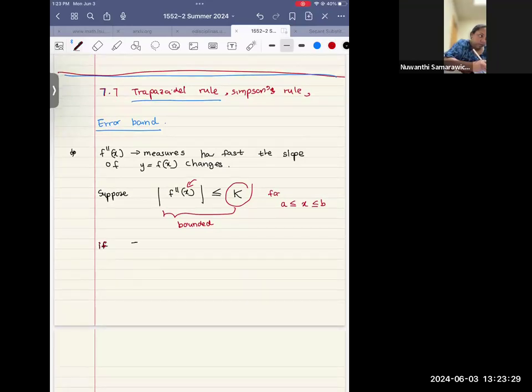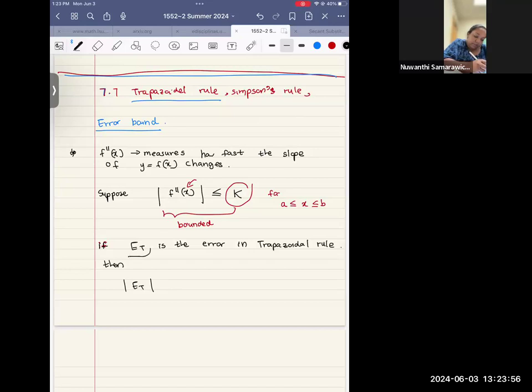So if ET is the error in the trapezoid rule, the bound, like I said, the bound.